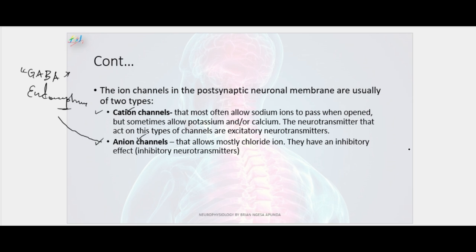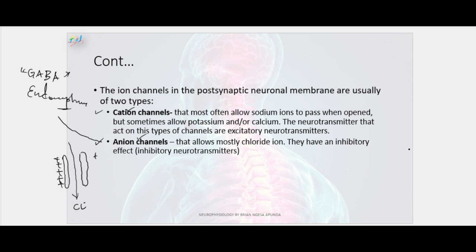So ion channels, you can represent them as something like this. So these are an ion channel. An anion channel allows negative ions to pass through. So one of the major negative ions is normally the chloride. So you can guess the charge of these channels. They are normally positively charged.